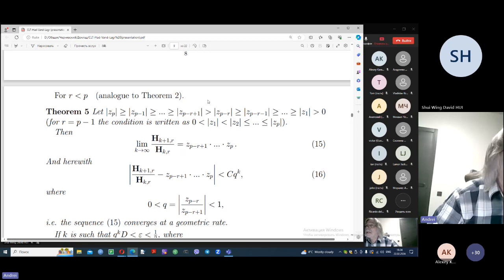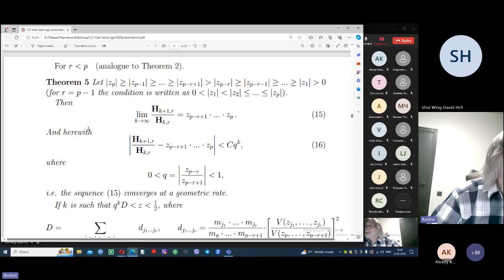So the analogy to theorem 2 is theorem 5. Once two roots are different in modulus, so say now we're calculating from the greatest one, the order is decreasing. And once two roots are different, we can calculate the product of these roots, namely this product is equal to the limit of this ratio.